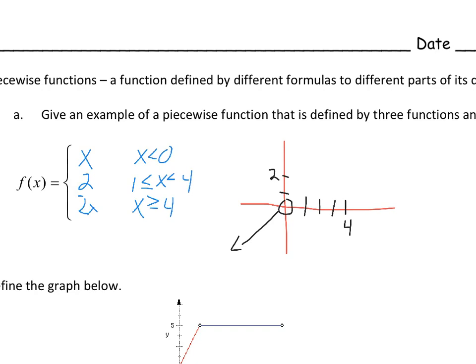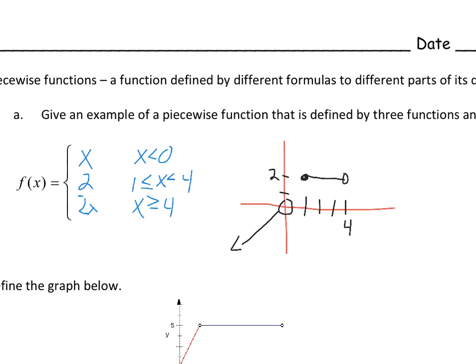Once again, since this is or equal to, it's going to be a filled-in circle at x equals 1, and at x equals 4, it's going to be an open circle. And so the y value is 2 the whole time, so I can just put a closed dot here, an open dot there, and connect those two pieces.